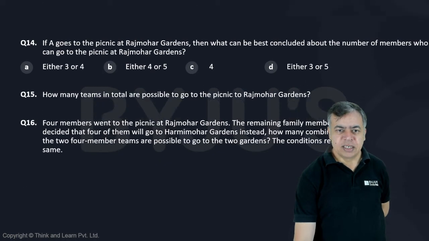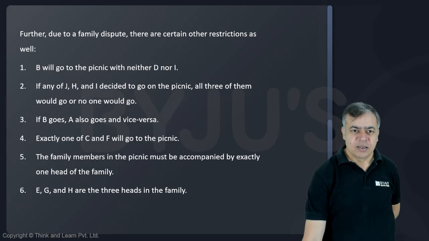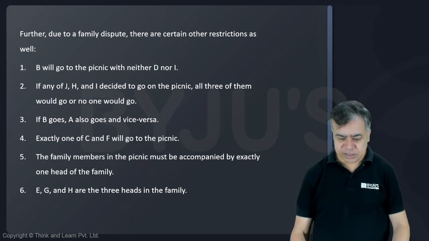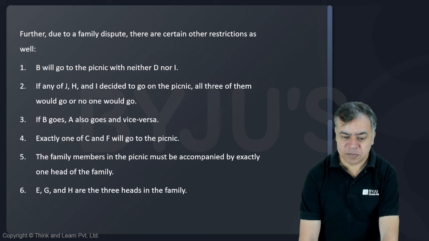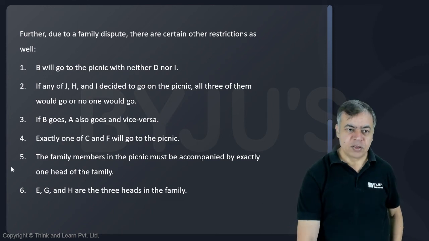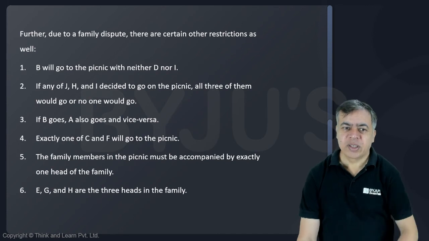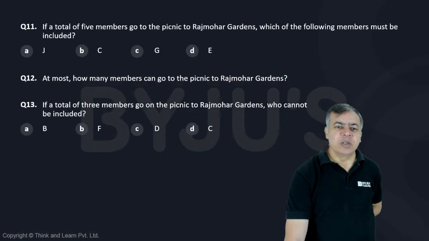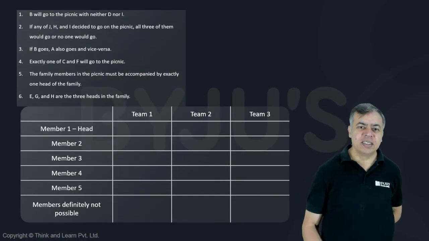Just see the conditions first. Can I write down these conditions, or I will take these conditions on that screen only. So let me put these conditions on that screen. I have put these conditions on that page, where the table is. These are the conditions now.